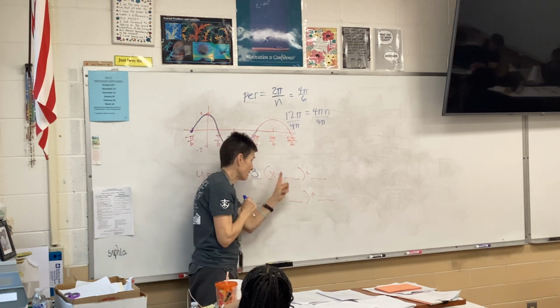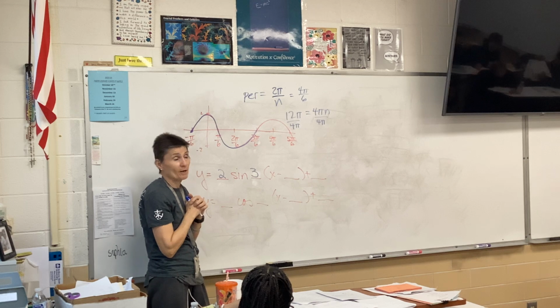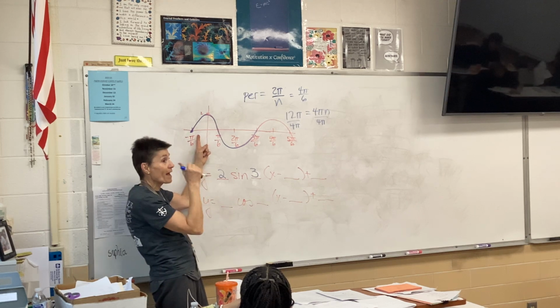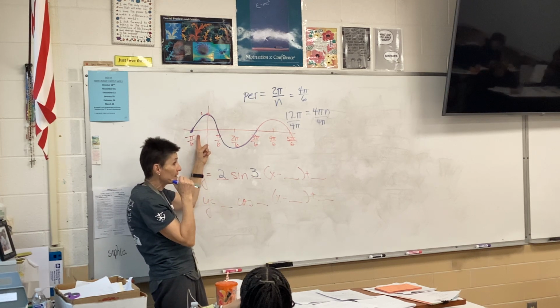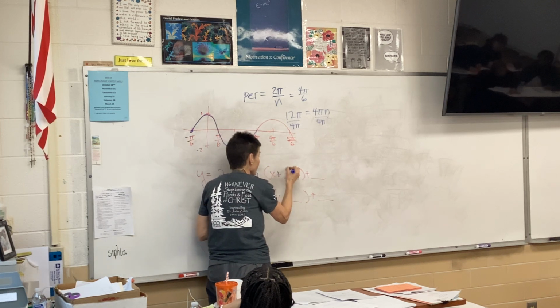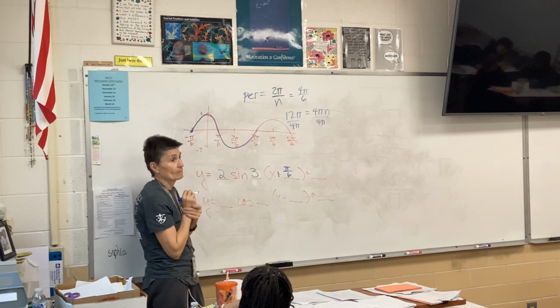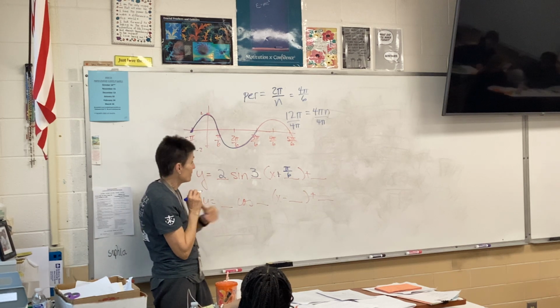Now what is this number for? Where it starts, it's a phase shift. So this one starts back at negative pi over 6. So in my equation, it'll be plus pi over 6. And then what's that?